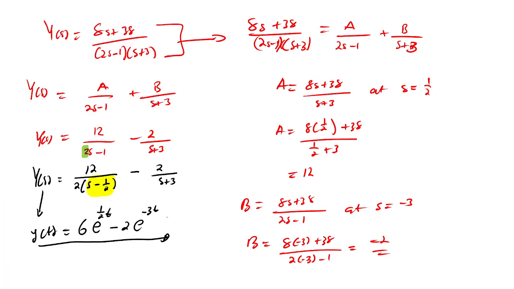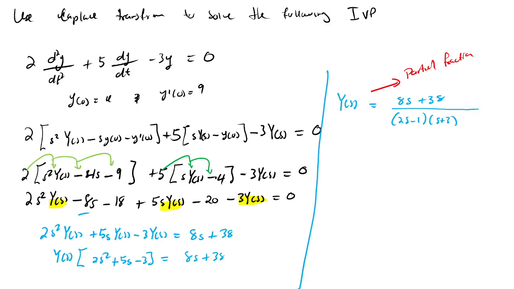So already you have 1 mark for this inverse, 1 mark for A, and 1 mark for your B. Then 1 mark for taking the Laplace, 1 mark for the substitution, 1 mark for standard form, and also maybe sometimes 1 mark for making sure you take out this y of s.